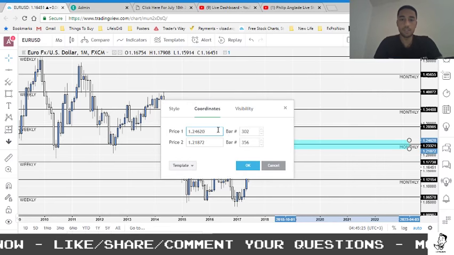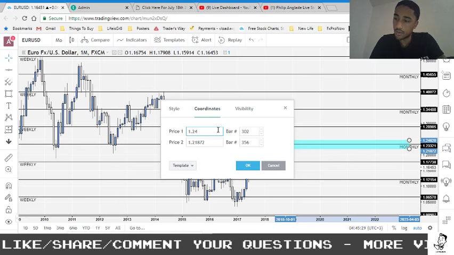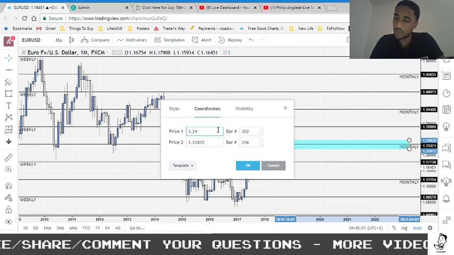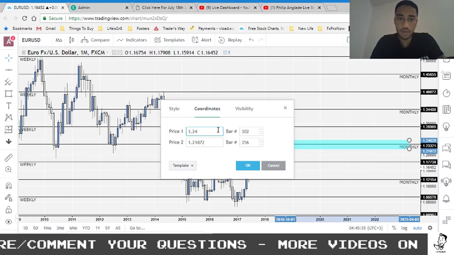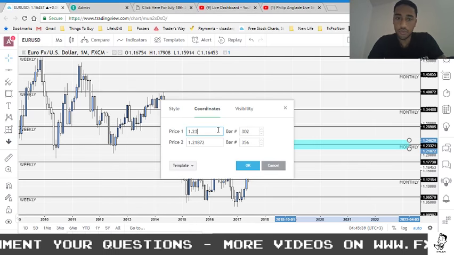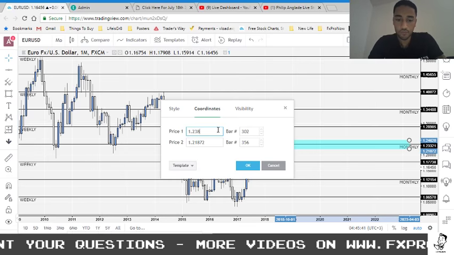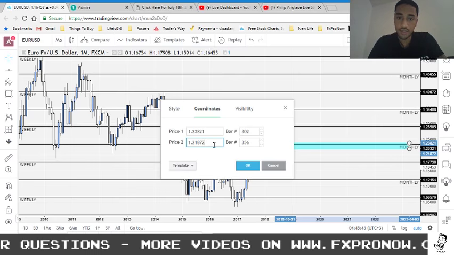Right? And what this is going to do is literally create a buffer saying, okay, if the market comes close to this, then there's literally a monthly key level that's coming.